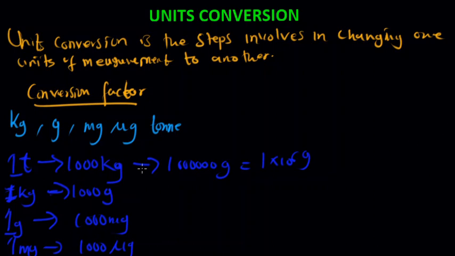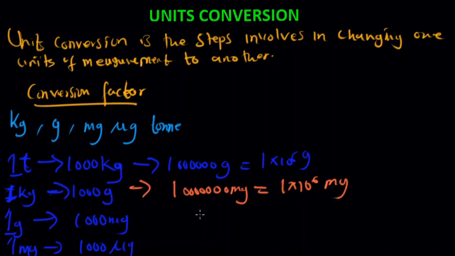Then let's see how this will also be related. In terms of milligram, what will be kilogram? So 1 kilogram will be equal to 1 million milligram, and this is equal to 1 times 10 exponent 6 milligram.